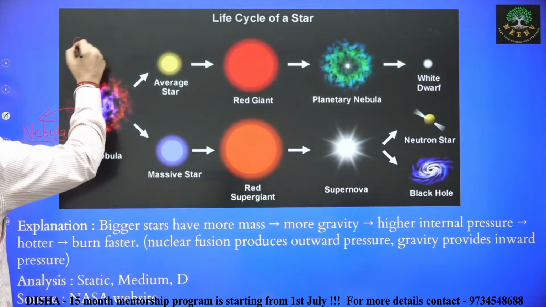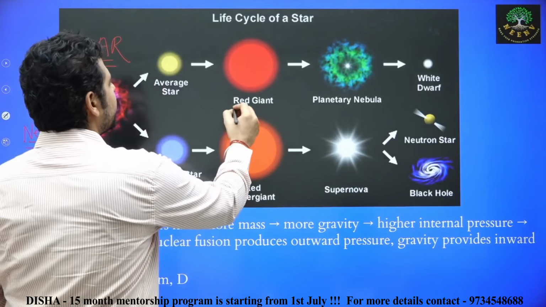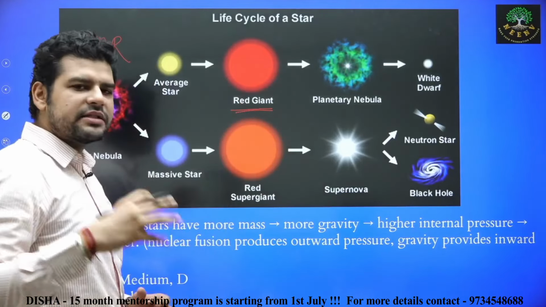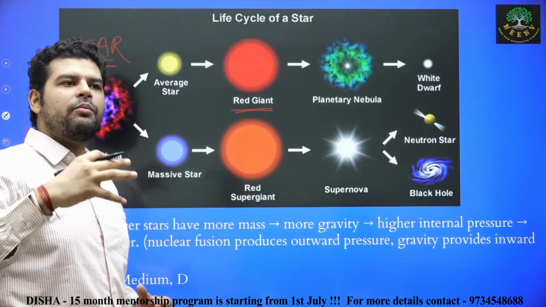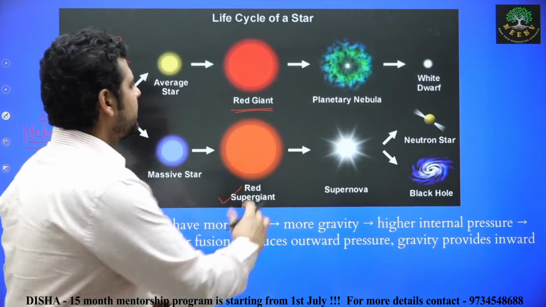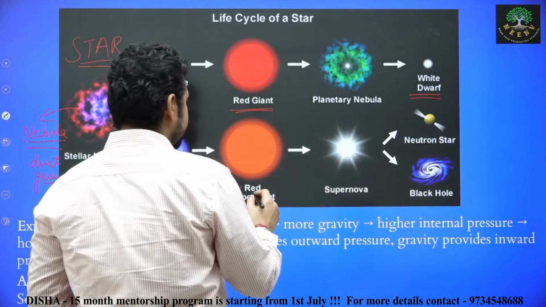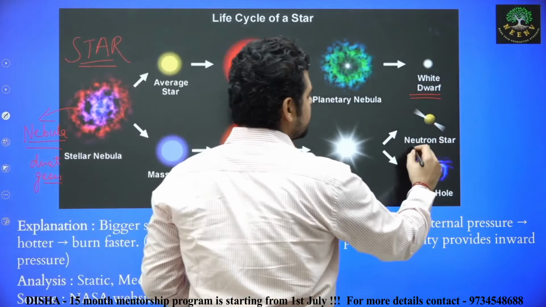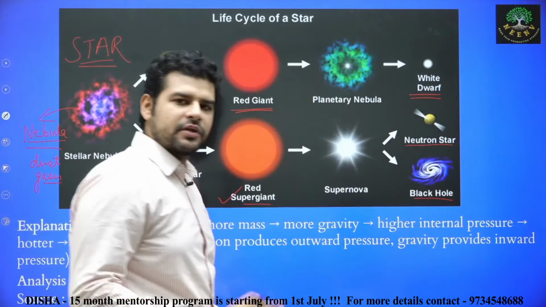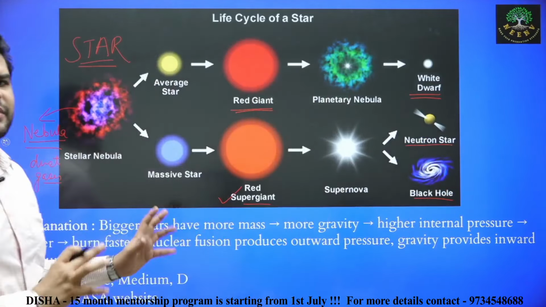Now the star which is closer to the mass of our own sun will develop into a red giant, and the star which is more than 4 or 5 times, or let's say 25 times heavier than our sun, will become a supergiant. The red giant ends with a white dwarf. The red supergiant ends as a neutron star or a black hole. So this is a very basic concept which we study in the astronomy section of science and technology.